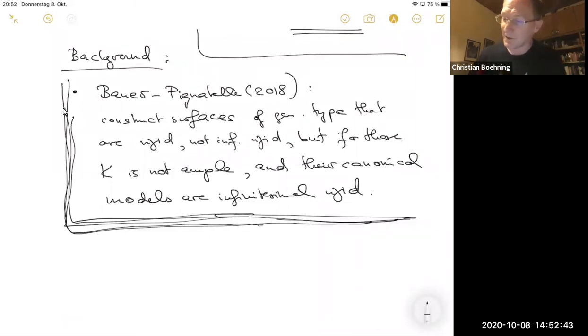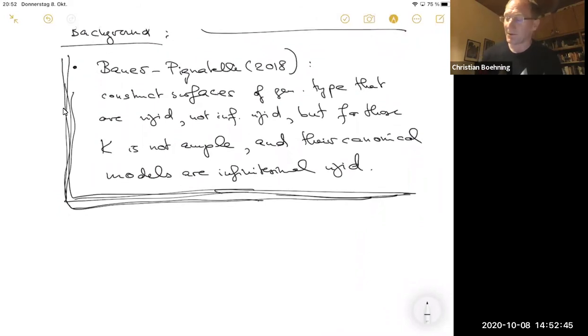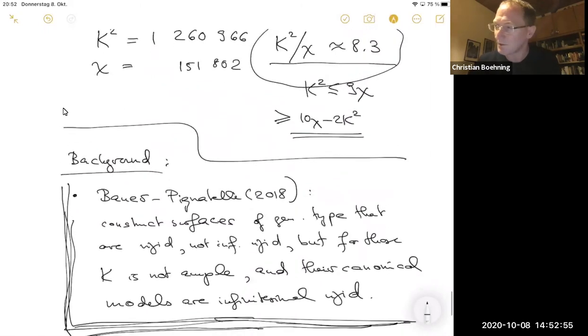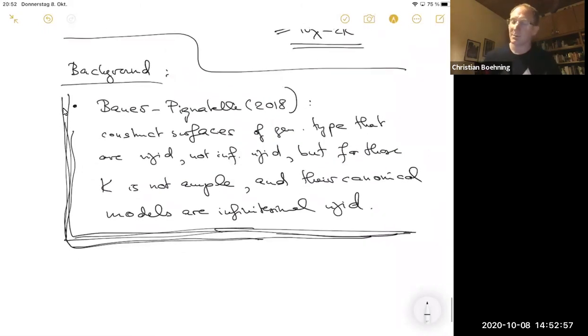So we wanted to find examples where the canonical models are themselves rigid but not infinitesimally rigid, which is the case in our examples, because this S tilde, of course, is the canonical model in this example. So we wanted to find examples where the fact that these deformation spaces are rigid but not infinitesimally rigid has some more modular reason.